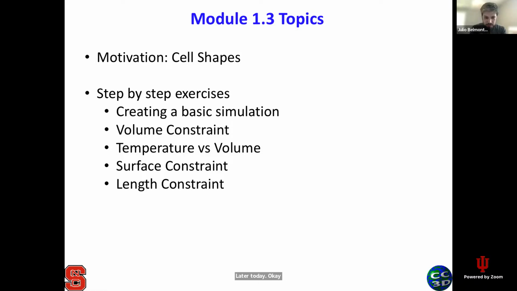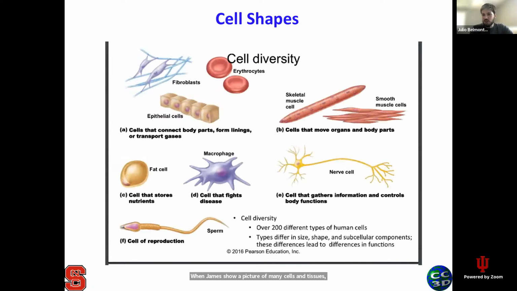We have seen in the previous module, and also in module 1.1, when James showed a picture of many cells and tissues, that it is no surprise that cells come with a diversity of shapes. We usually think of a cell as a blob, a kind of circular object, maybe a little fluffy, and maybe that is a good approximation for the average cell shape.